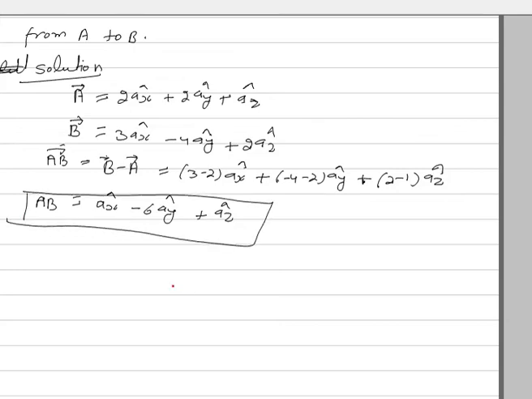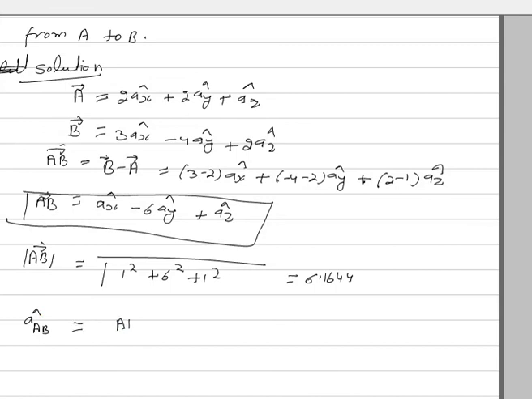Now calculate the magnitude of this vector AB. Then it is under root 1 square plus 6 square plus 1 square, equal to 6.1644. Again, now we want to calculate the unit vector. The unit vector of vector AB is vector AB upon the magnitude of vector AB.